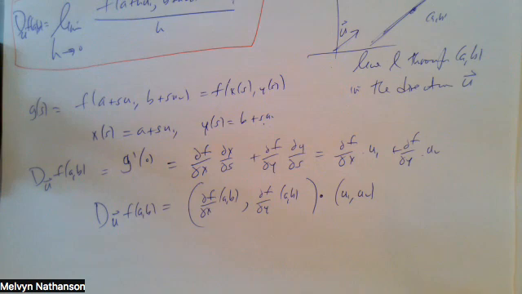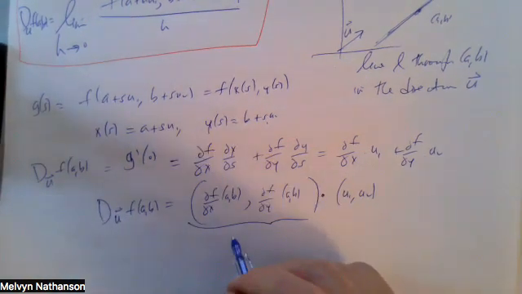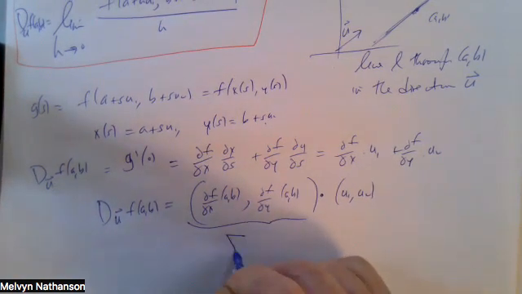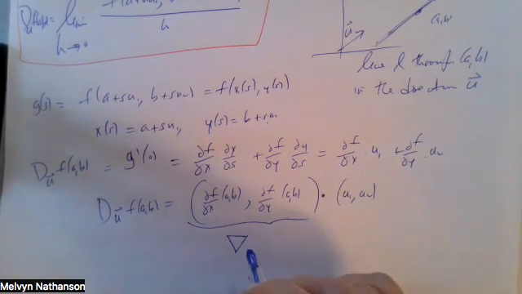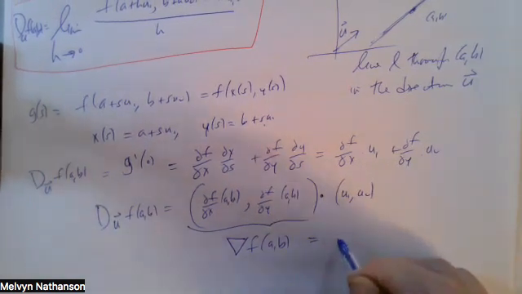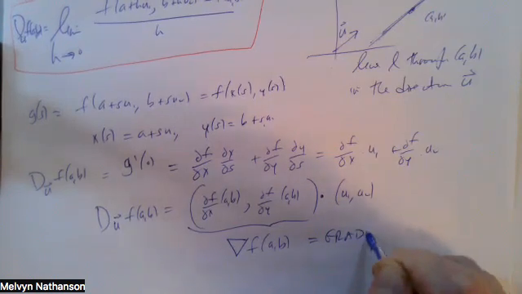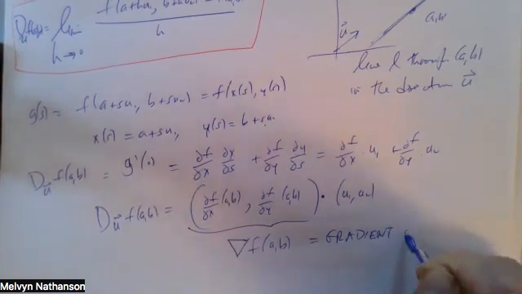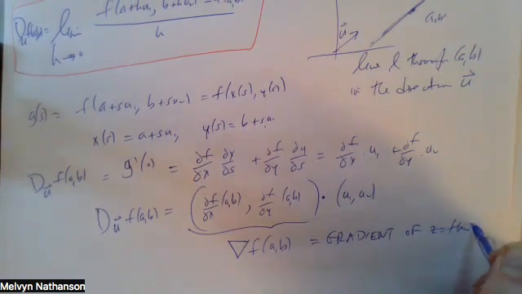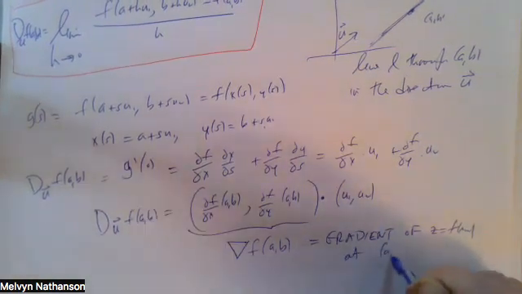And in fact, this vector, we'll use a shorthand for that. It's an upside down triangle, del f at (a, b). And this is called the gradient of z equal f of x, y at the point (a, b).